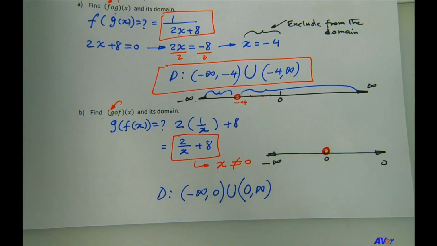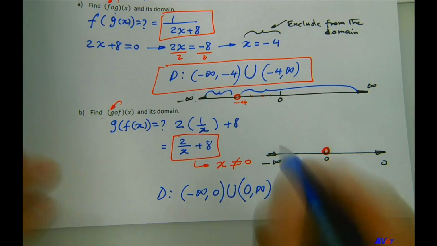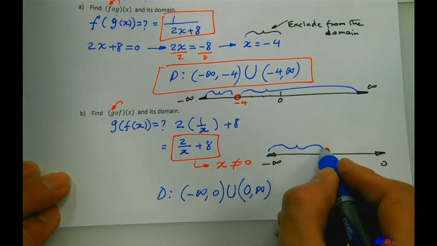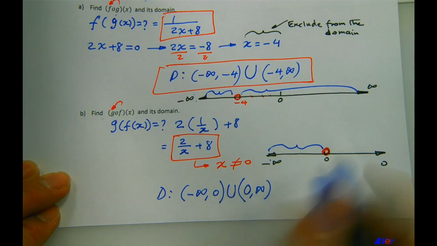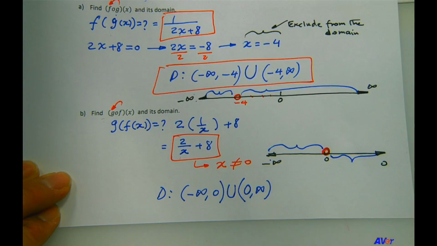So I'm going to put a hollow circle. Then what can be part of the domain? This piece, negative infinity to 0, excluding 0, union 0 to infinity, that piece.